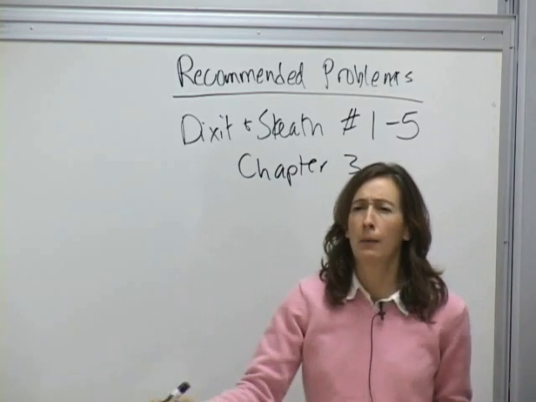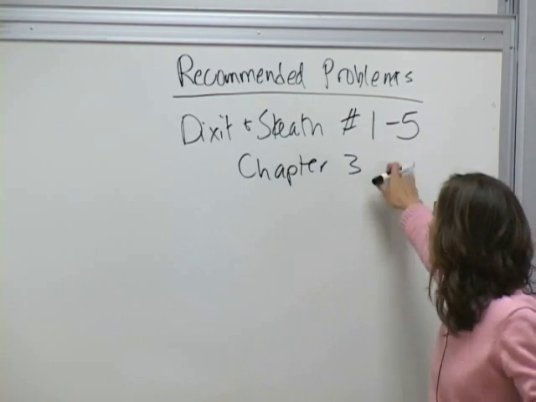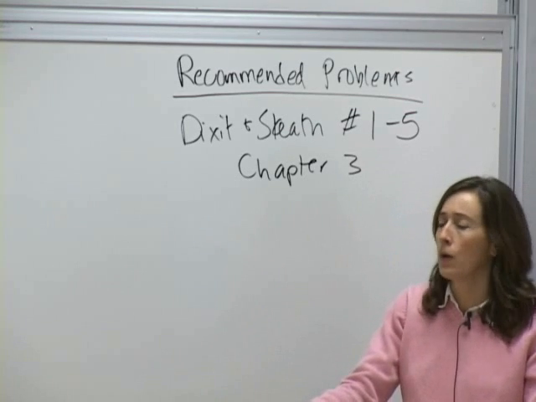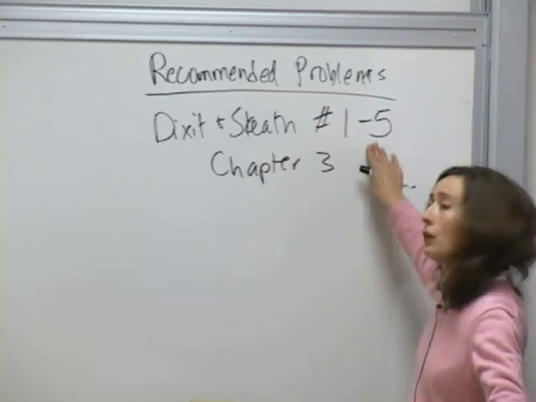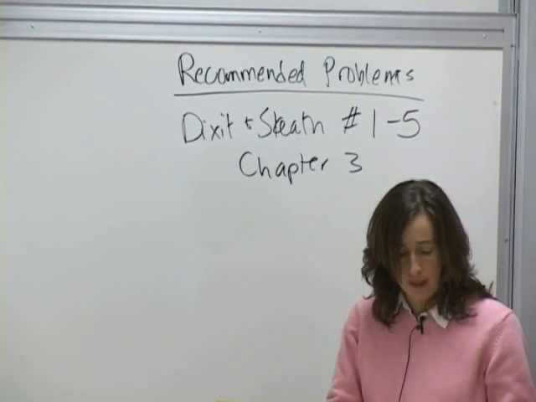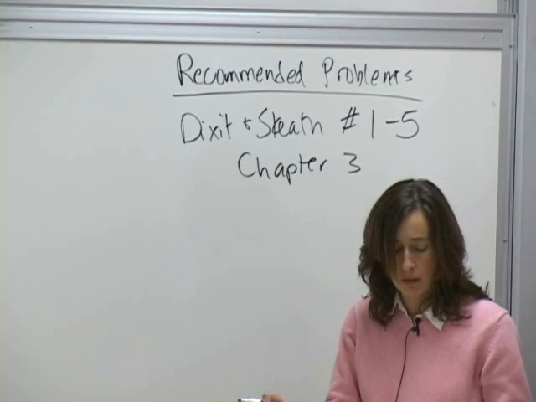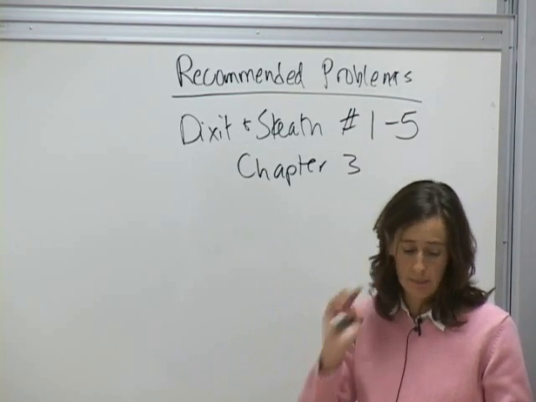I will at some point be able to post answers on the website for those, probably not till late next week. Even though it's only 5 problems, the problems have a lot of parts, so that will give you a set of things to work on to help. All right.